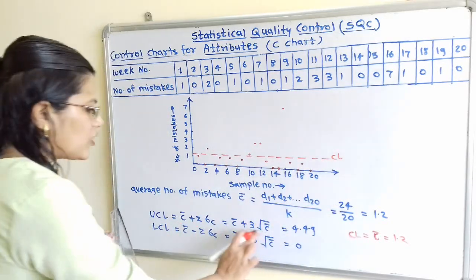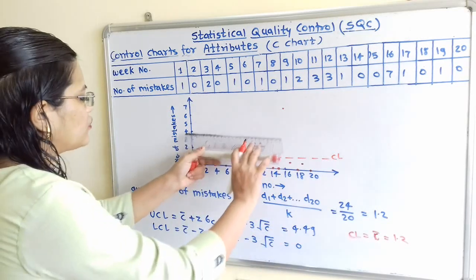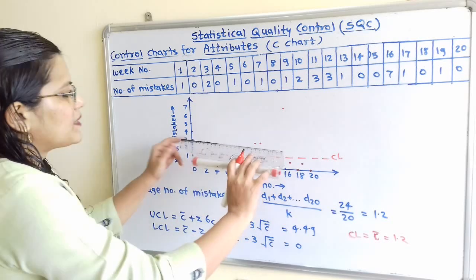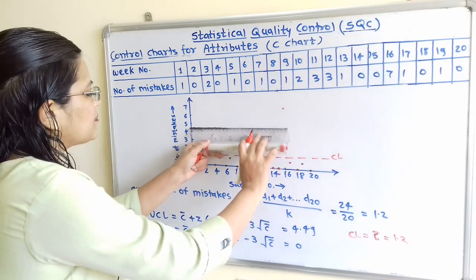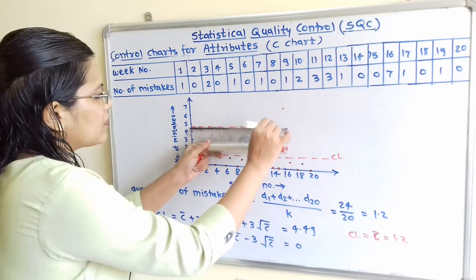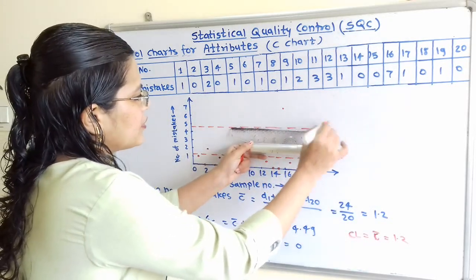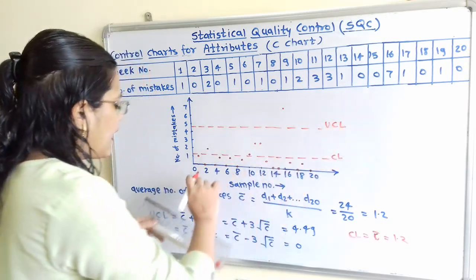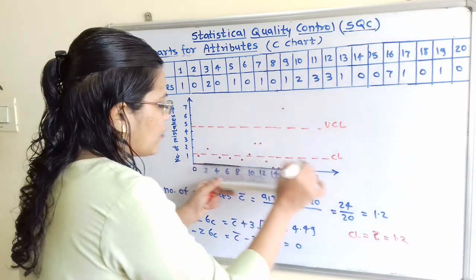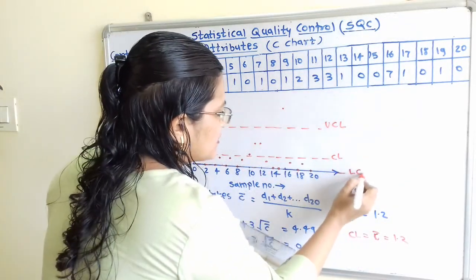Now the upper control limit is 4.49, approximately 4.5, so it is in between 4 and 5. I have to show the upper control limit here. So this is UCL, and the lower control limit is 0. So along this 0 line we plot this LCL.